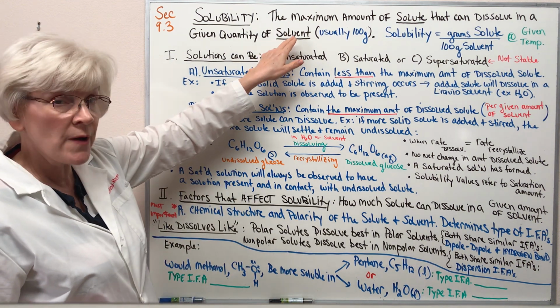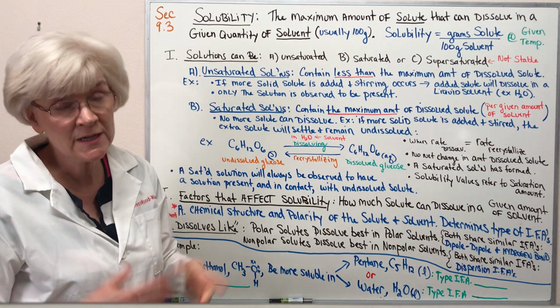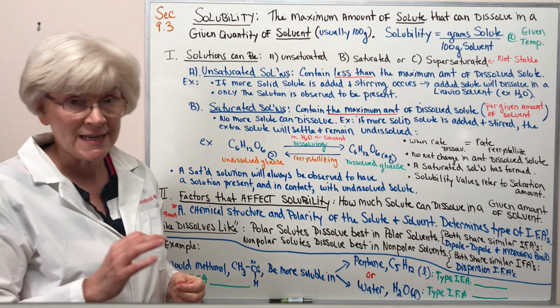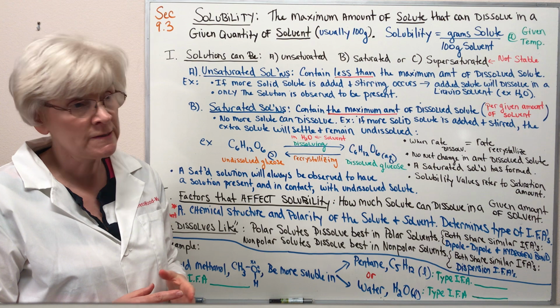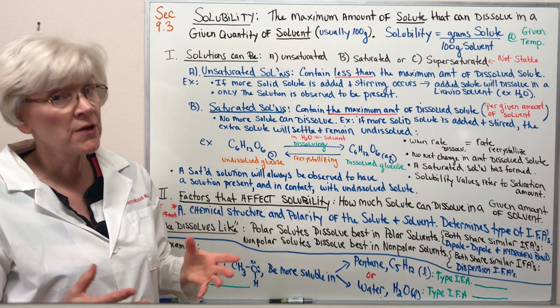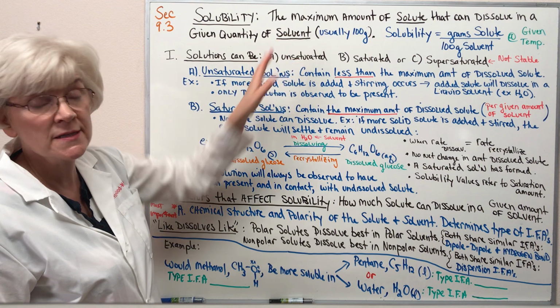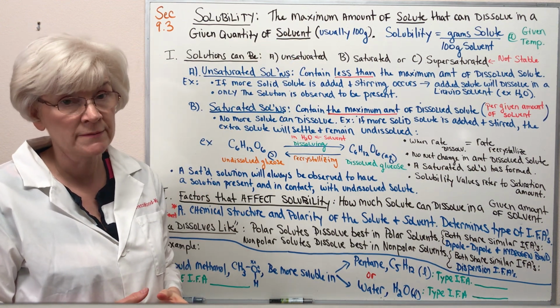In a Chem 2A class, most often the solvent that we're working with in a solution is water. Note that a solvent doesn't have to be water, but water is a very common solvent, a very important biochemical solvent. And unless stated otherwise, the solvent that we're looking at in the solutions we're talking about is water.